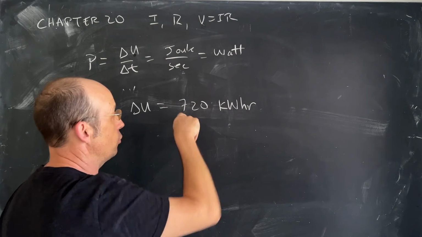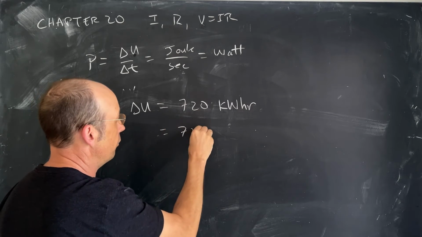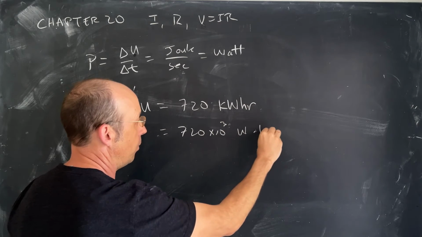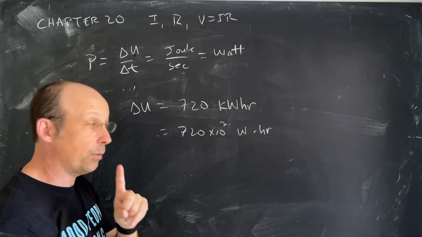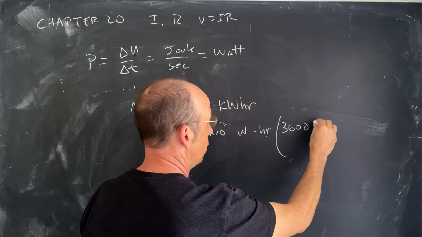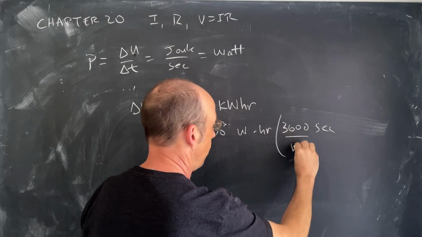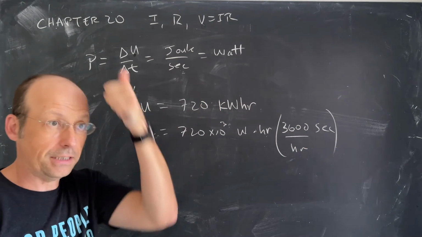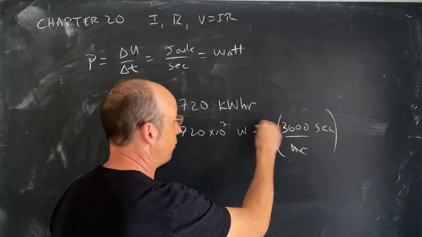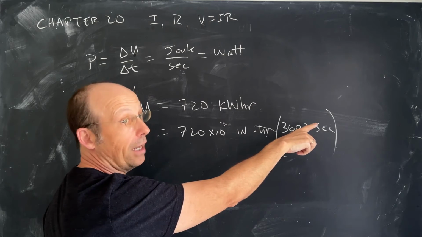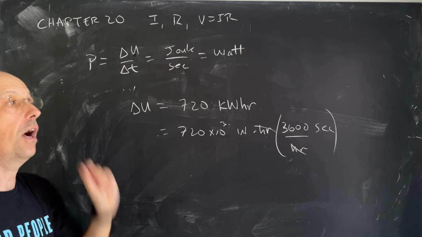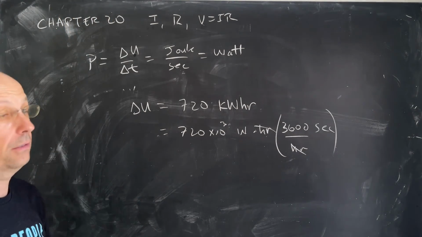So if you want to convert this to joules, this would be equal to 720 times 10 to the third watts times hours. But I need to convert the hours to seconds, so I multiply by 3,600 seconds per hour, because it's 60 minutes times 60 seconds. The hours cancel, and I get watt seconds, and a watt second is a joule. So that kilowatt hour is a unit of energy, not power.